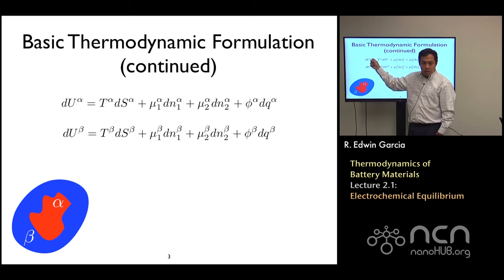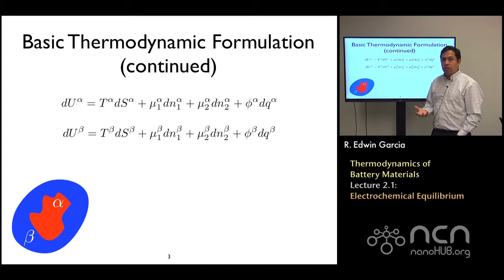So the amount of energy for alpha and the amount of energy for beta, the sum of both contributions add up to a constant.